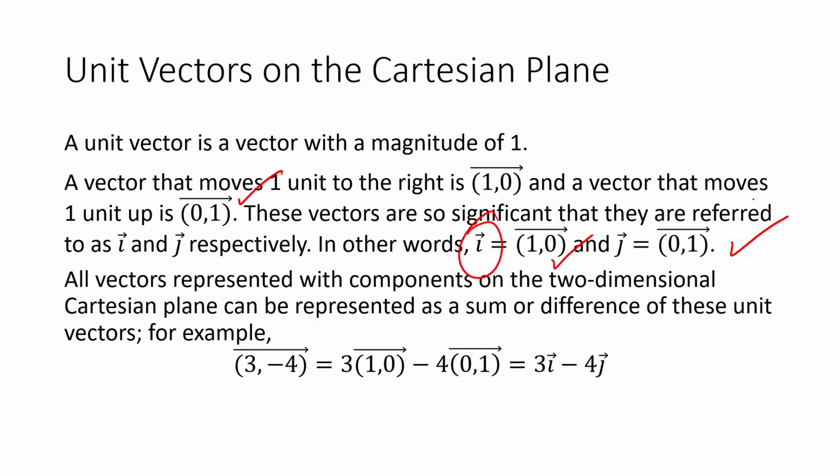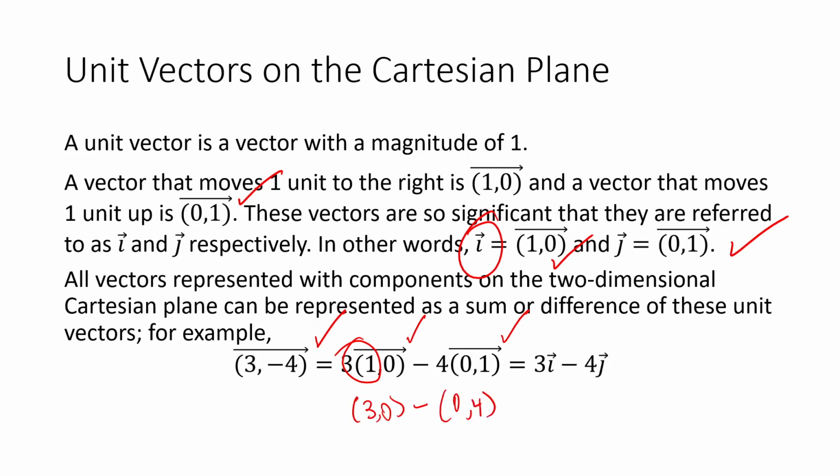And all vectors represented with components on the two-dimensional Cartesian plane can be described as a sum or difference of those two unit vectors. So for example, the vector 3, negative 4, we could call that 3 times the vector 1, 0 minus 4 times the vector 0, 1. Because 3 times 1, 0 would be like 3, 0, and 4 times 0, 1 would be like 0, 4.